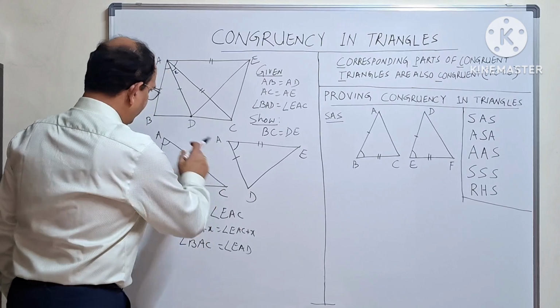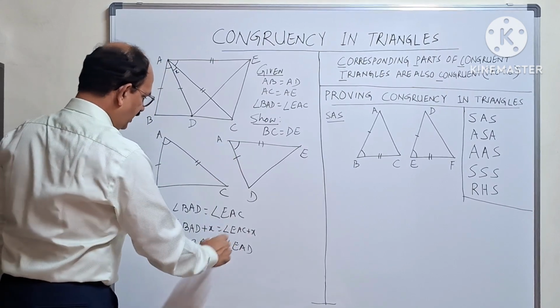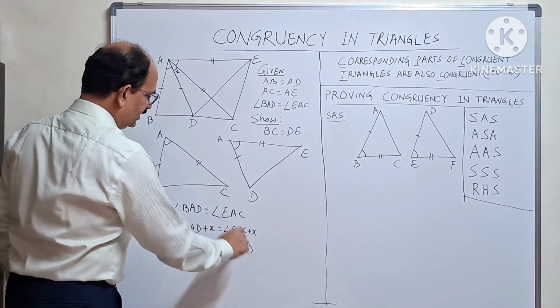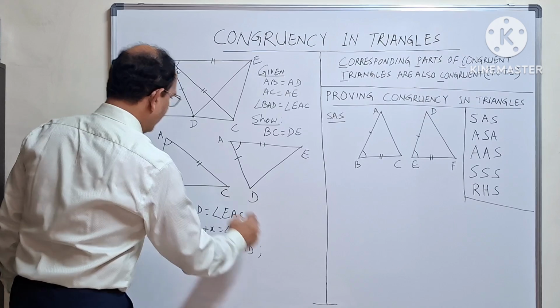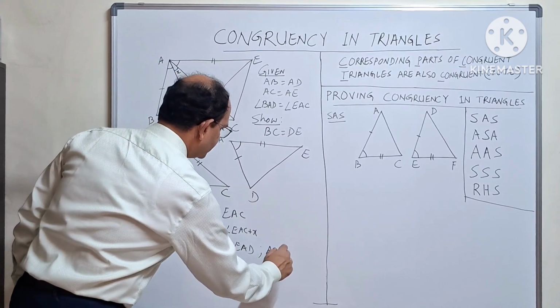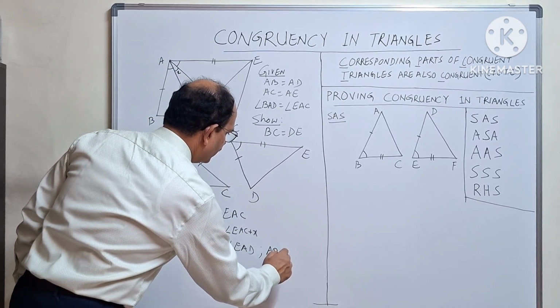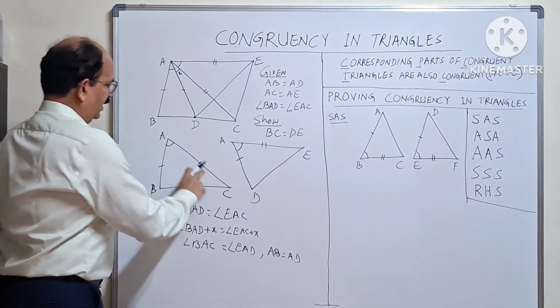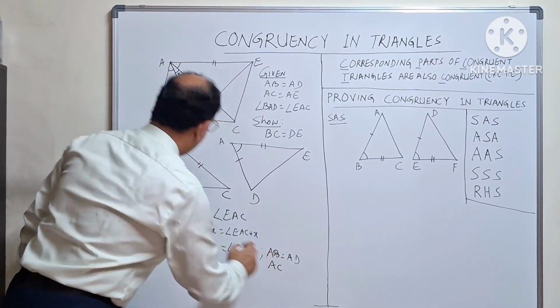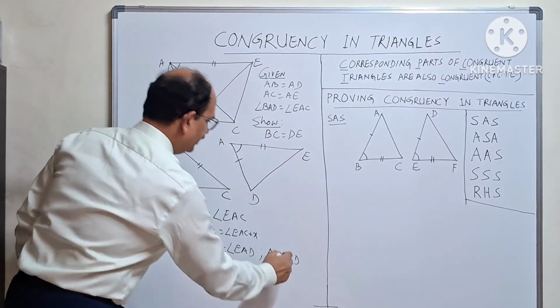So in these two triangles, angle BAC is equal to angle EAD, side AB is equal to AD, and side AC is equal to AE.